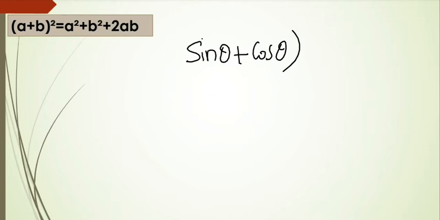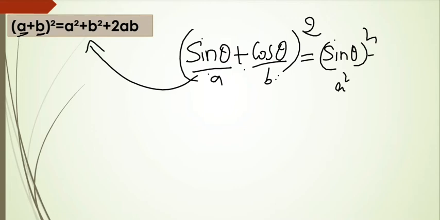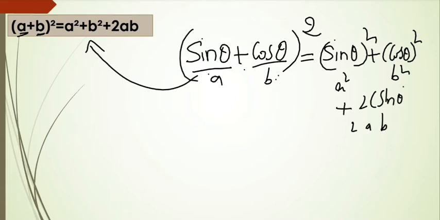But in case of trigonometry, we will get it like this. If there is a problem sin theta plus cos theta whole square, now we have to compare it with this identity. That means here a is nothing but sin theta, and b is nothing but cos theta. Now (a plus b) whole square means sin theta whole square, that is a square, plus b square, that is cos theta whole square, plus 2ab, that means 2 into sin theta into cos theta.